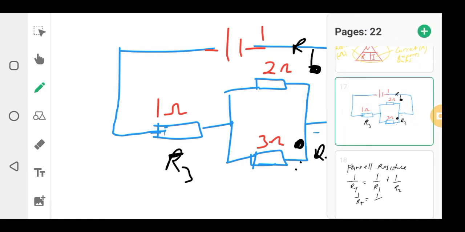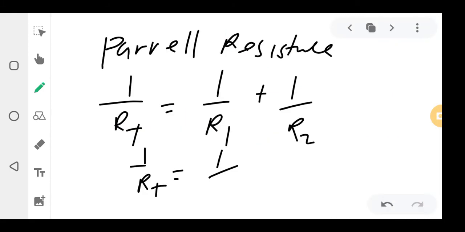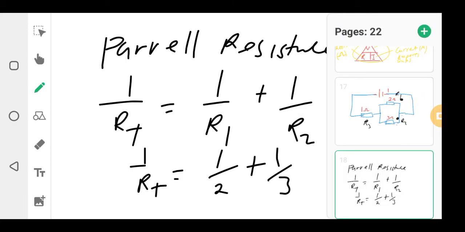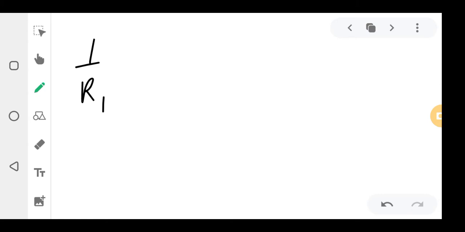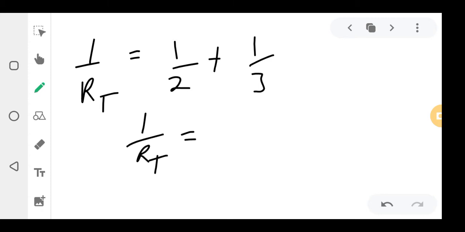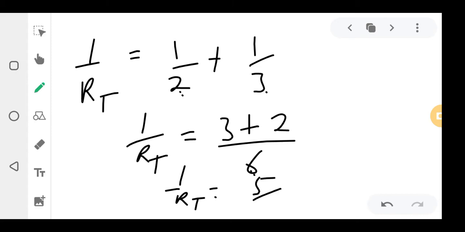So 1 over RT is equal to 1 over 2 plus 1 over 3. Common denominator 6: 3 plus 2, so 1 over RT is equal to 5 over 6.